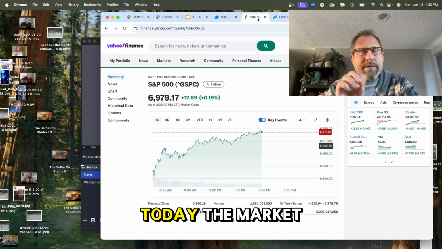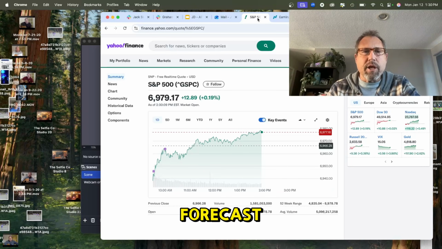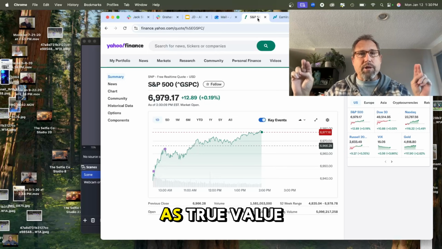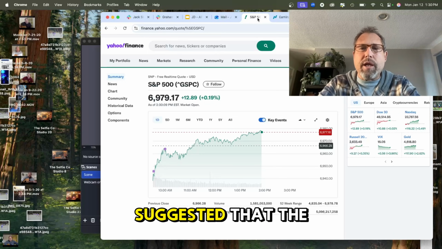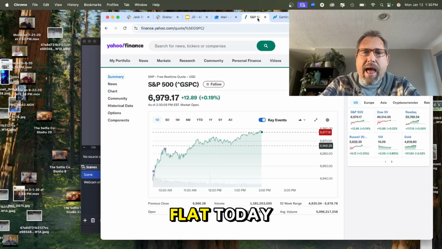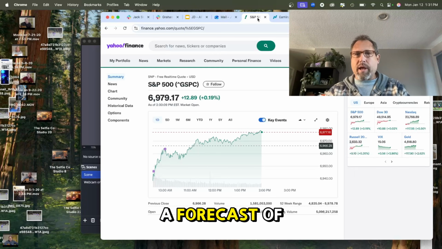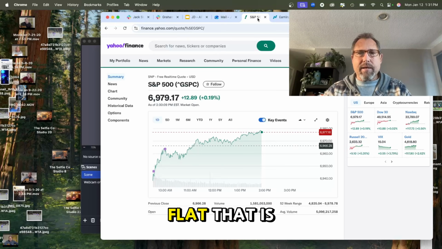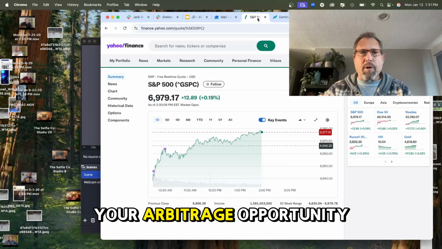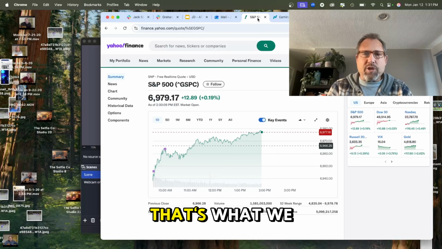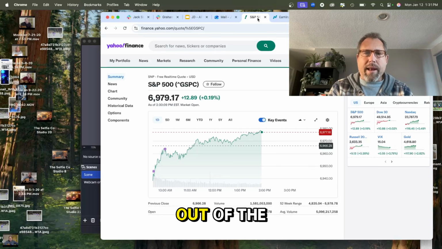Well, guess what? Today, the market forecast, also known as true value, suggested that the market should be flat today. Futures down 50 basis points, a forecast of flat, that is your arbitrage opportunity. That's what we could exploit right out of the gate.